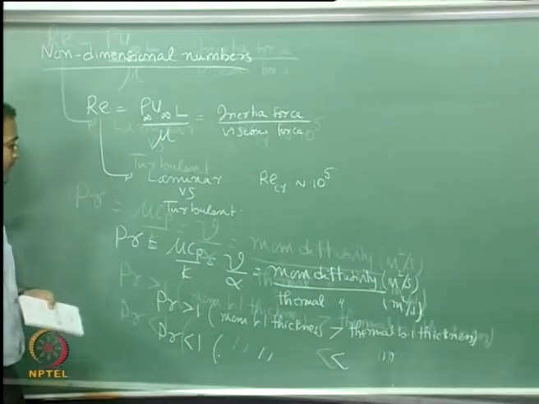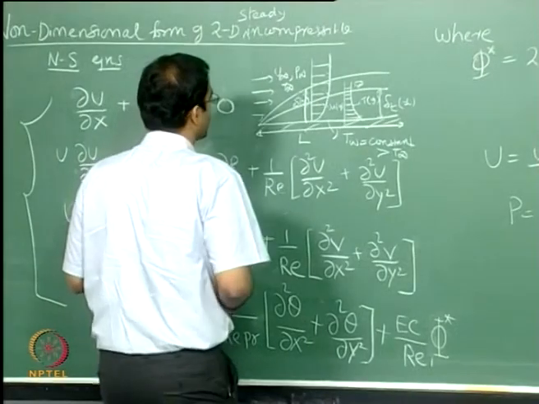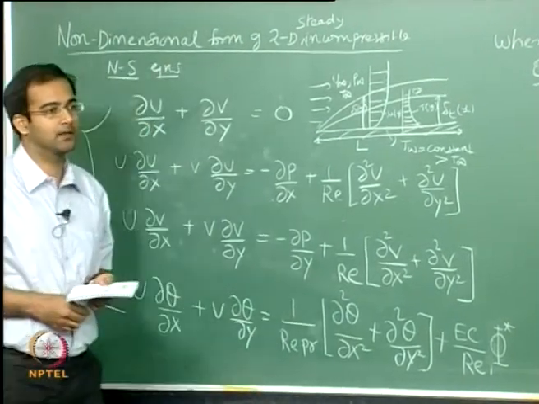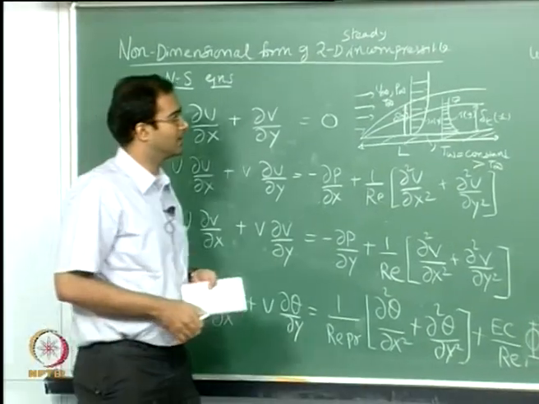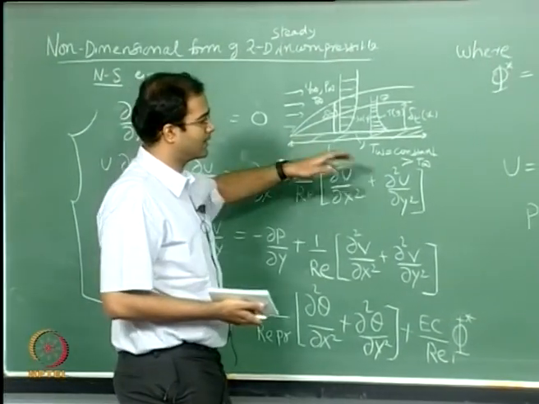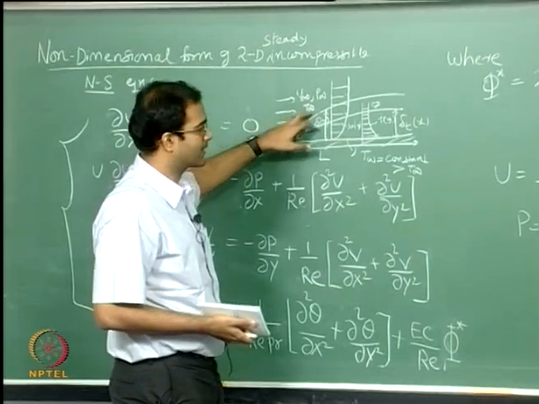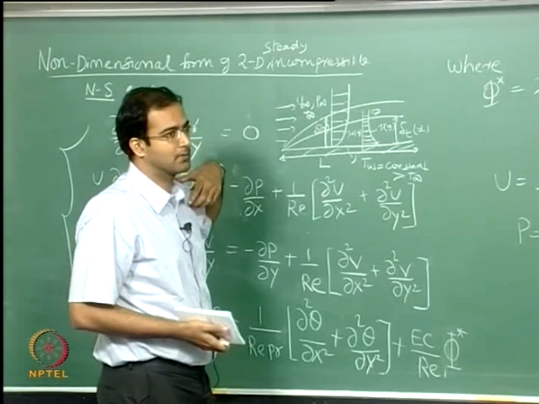So with that you can look at some approximations that you can make when you are solving the incompressible boundary layer equations. Wherever you have a very small Prandtl number approximation, for example when your momentum boundary layer thickness is much smaller, you have to make certain approximations which will simplify your flow.